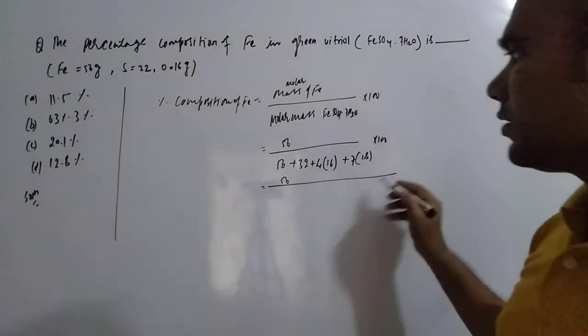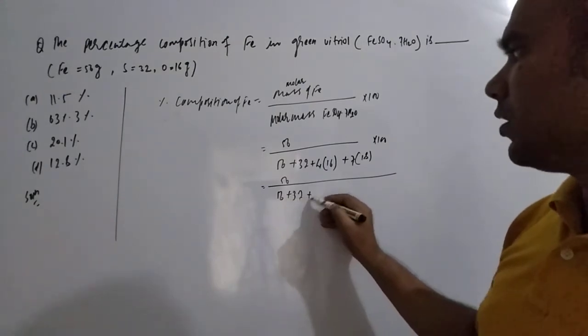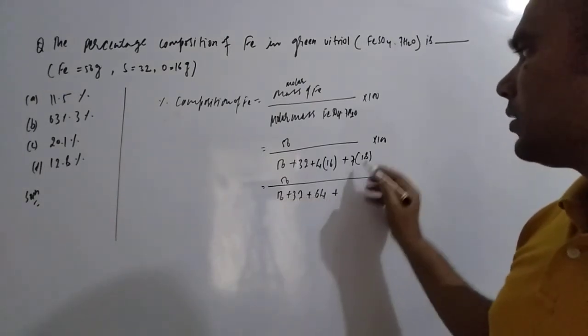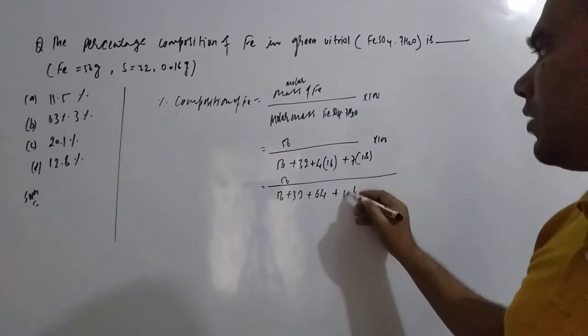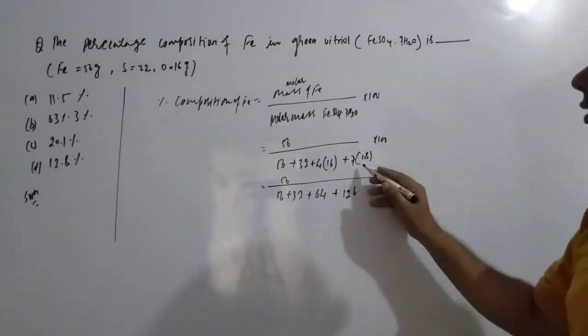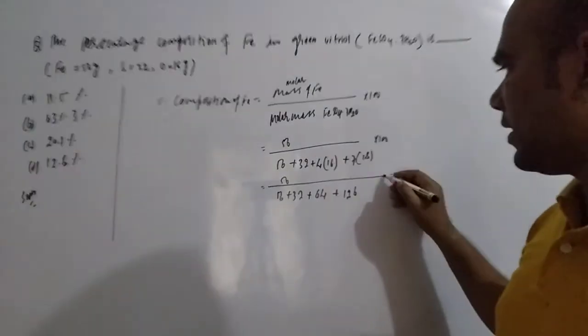Now solve it out. 56 upon 32 plus 64 upon 126. Now if you add, student, multiplied by 100 will be there.